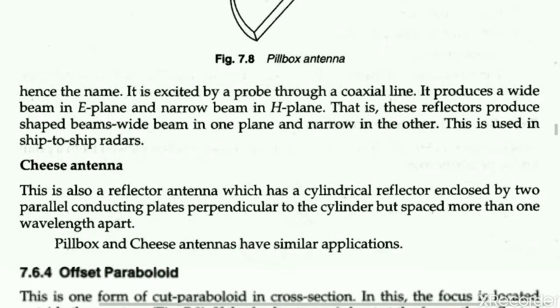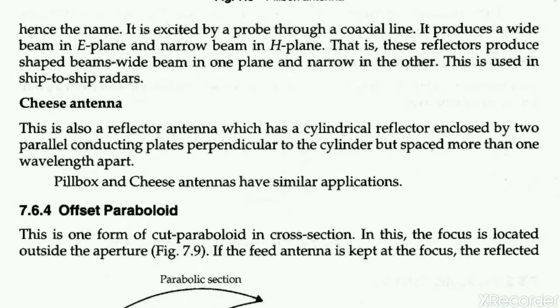So let's move forward to another type of reflector, that is the cheese antenna. This is also a reflector antenna which has a cylindrical reflector enclosed by two parallel conducting plates perpendicular to the cylinder but spaced more than one wavelength apart. So those have similar applications but some constructional changes.